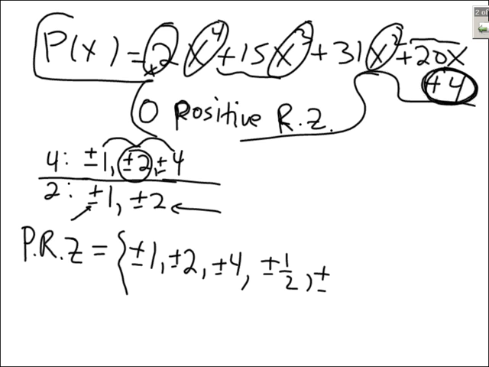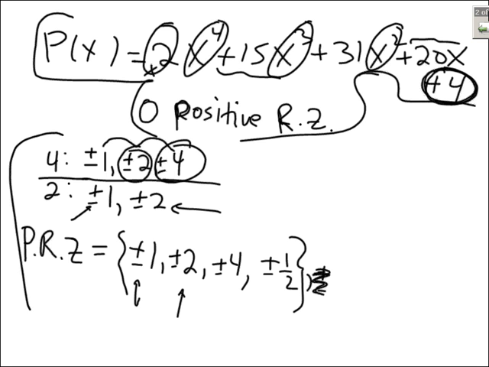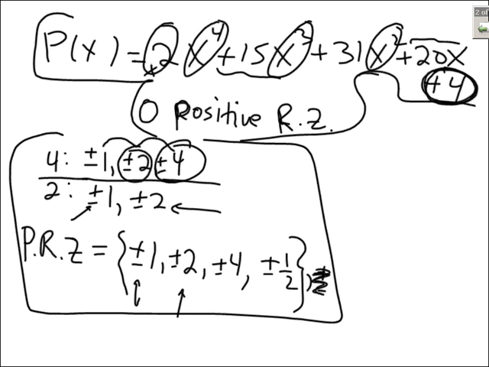But 2 divided by 2 I already have as plus 1, and positive 4 divided by 2 I already have as plus 2. In fact, the list is over. It's those 8 numbers. Those are the possible rational zeros, just from using the rational zeros theorem.